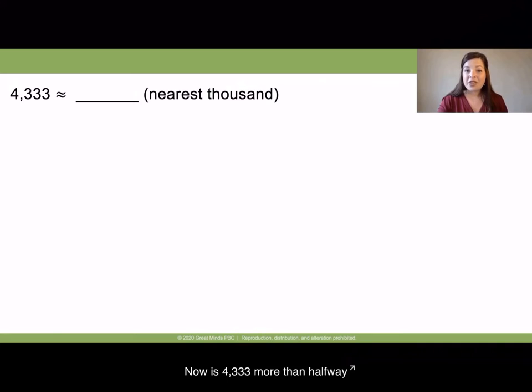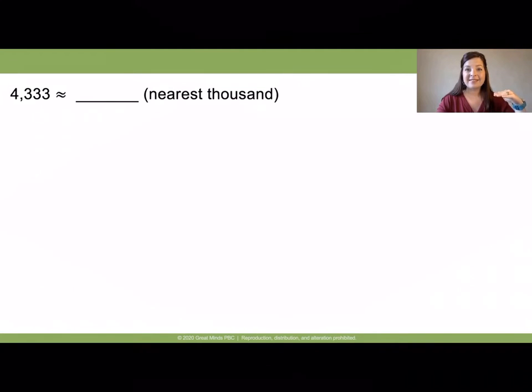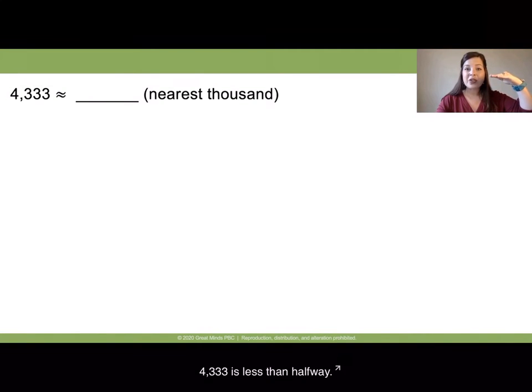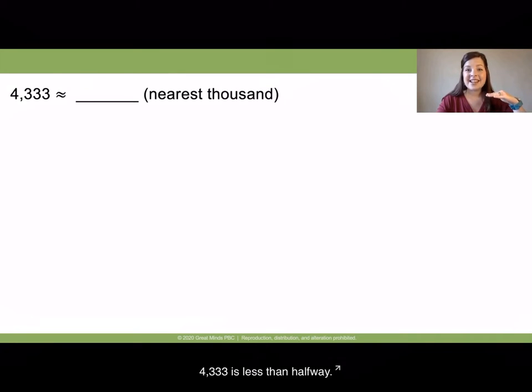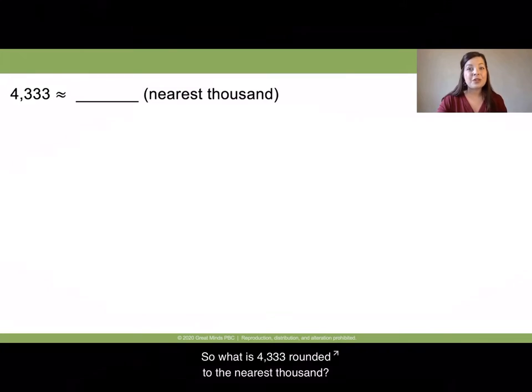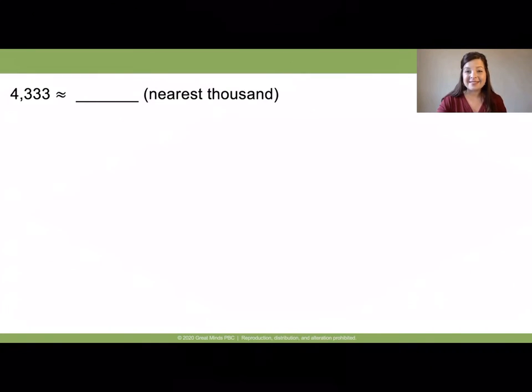Now, is 4,333 more than halfway or less than halfway? 4,333 is less than halfway. So what is 4,333 rounded to the nearest thousand? It's 4,000.